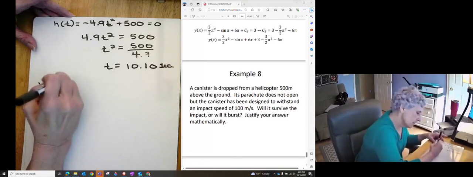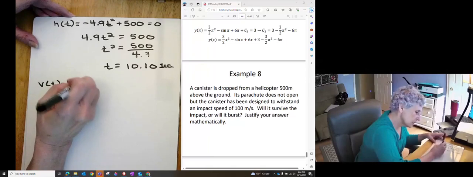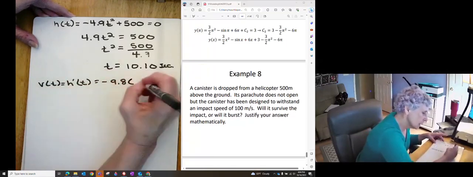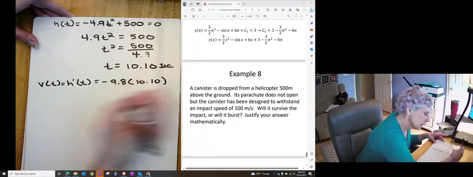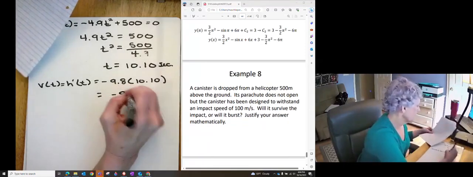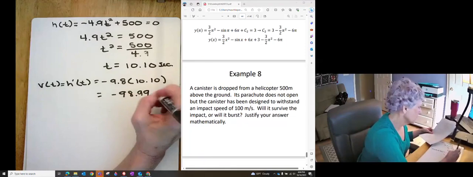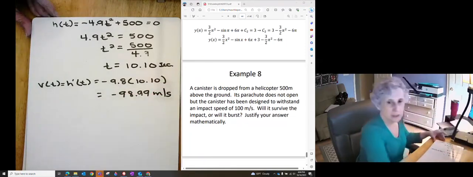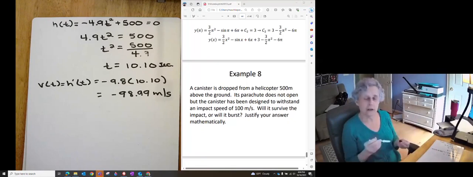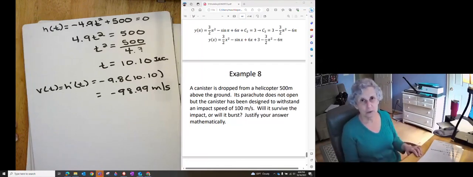So I want to find the velocity at that time, which is h primed of t. So negative 9.8 times 10.10 gives me negative 98.99 meters per second. So if their testing is accurate, then it should survive the impact. There you go. We're going to do lots more fun problems with differential equations.